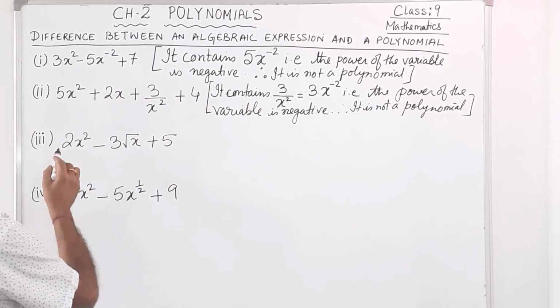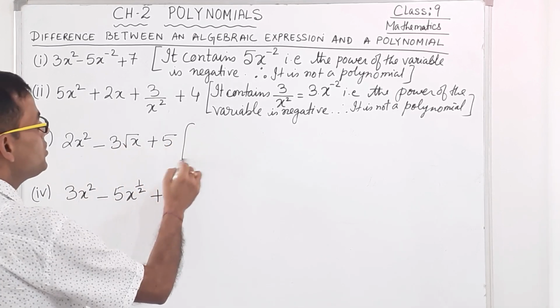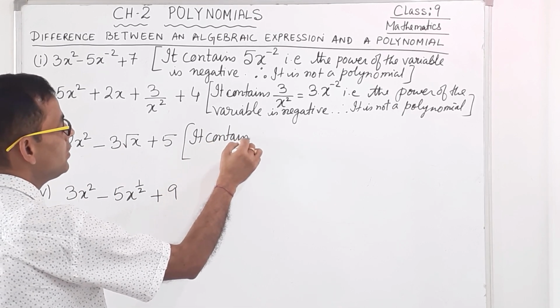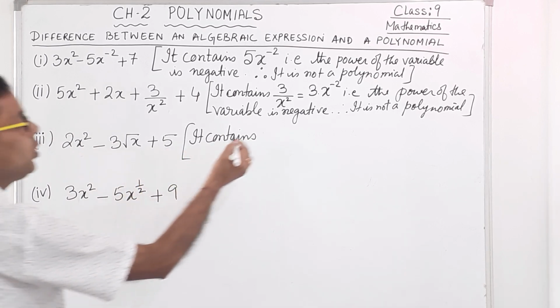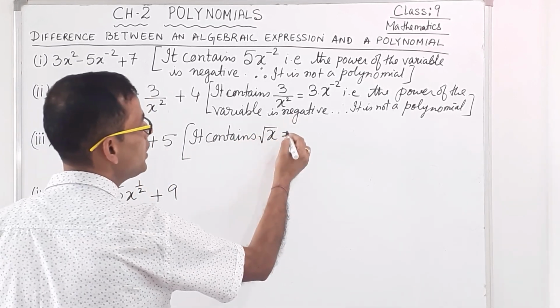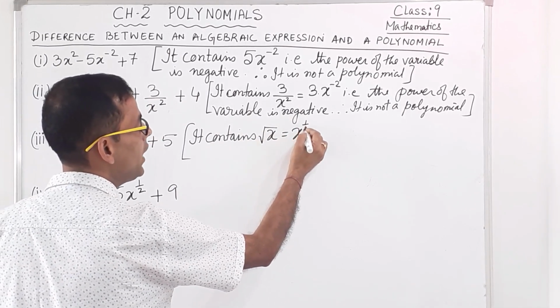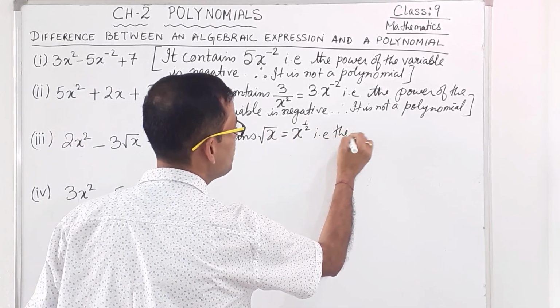Now next one, see, 2x square minus 3 into root x plus 5. Here the power is a non-negative integer, but it also contains root x. Root x means, if I remove the root, this is a square root, so it will become x to the power 1 by 2.